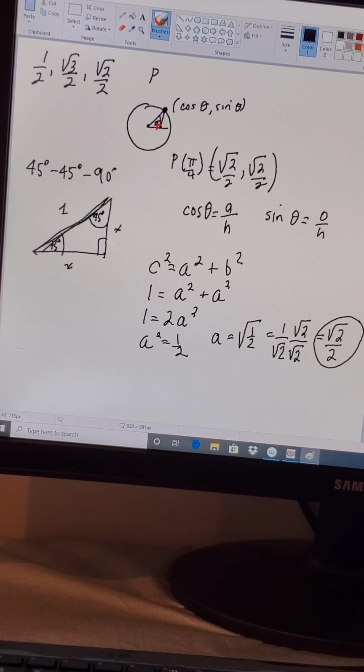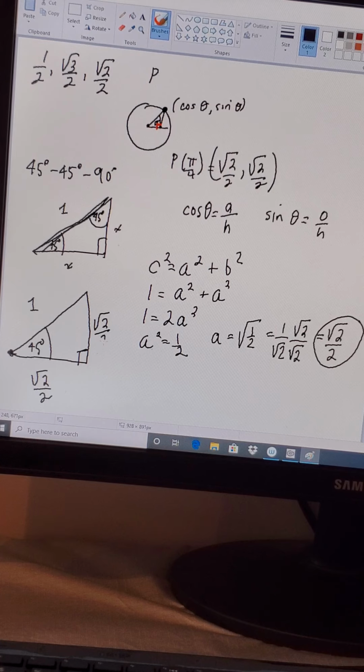What this is saying is a few things, but first, in terms of sides, an isosceles right triangle, so 45 degrees here, must have opposite and adjacent equal sides.